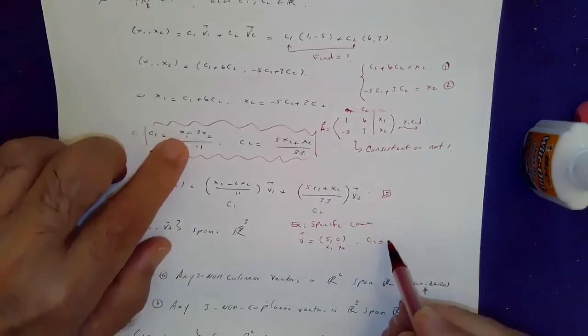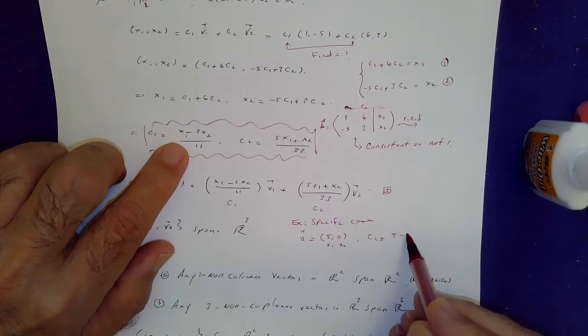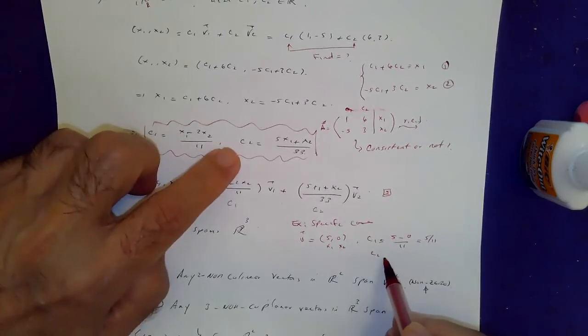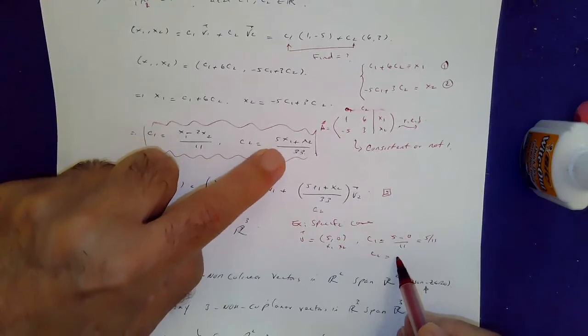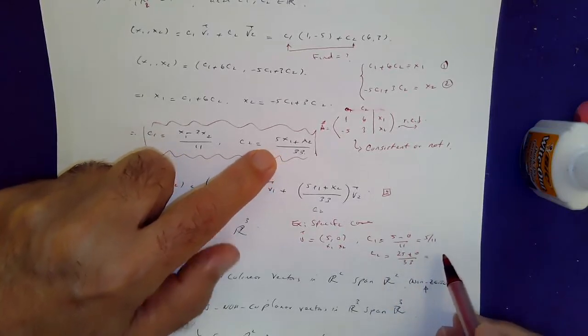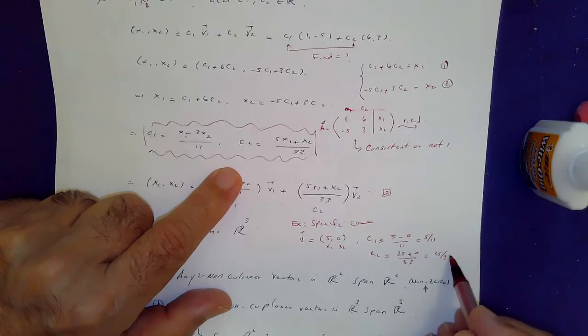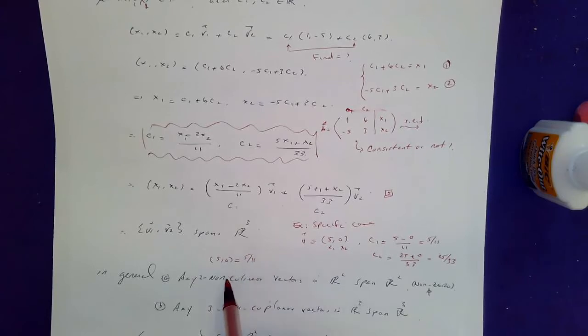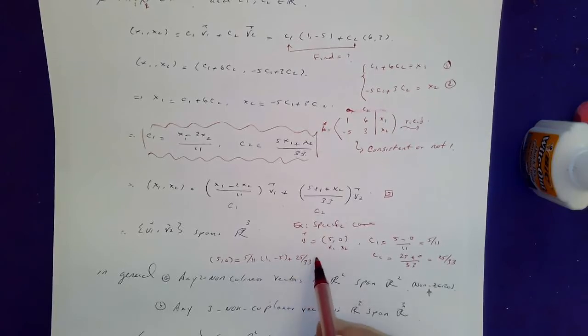So C1 is what? 5 minus 0 over 11, which is 5 over 11. C2 is what? 25 plus 0 over 33, which is 25 over 33. So what are you saying? I'm saying (5, 0) can be written as a linear combination: 5 over 11 of (1, -5) and 25 over 33 of (6, 3).